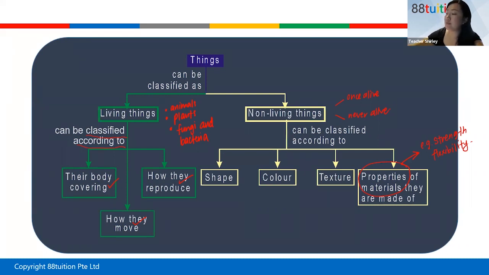Of course, living and non-living have their characteristics. Okay, the characteristics of living things. One of it is that they will grow. Okay, they reproduce.